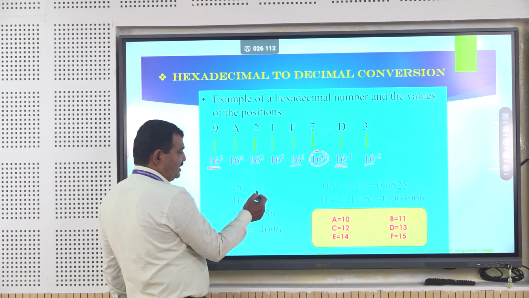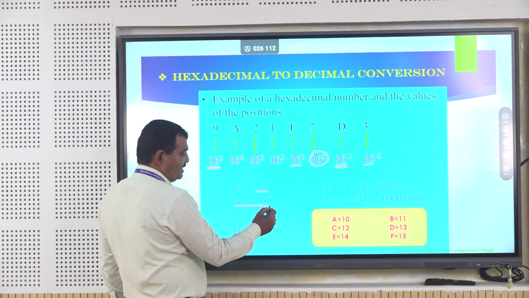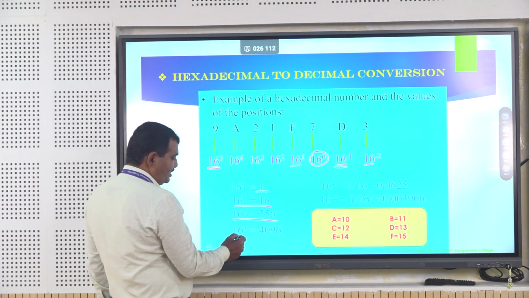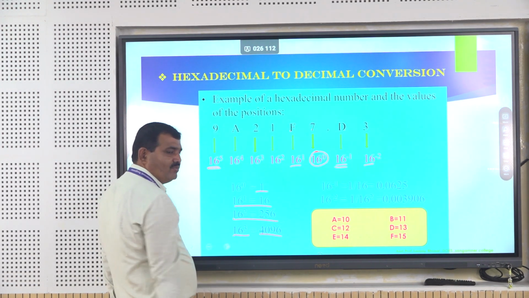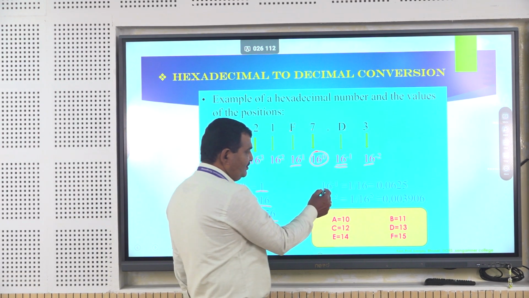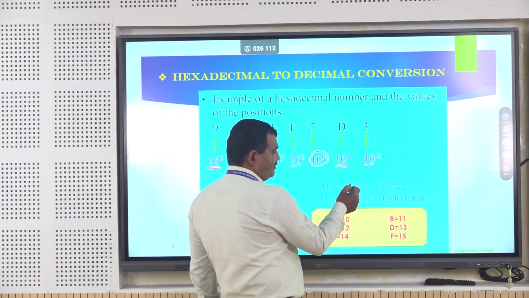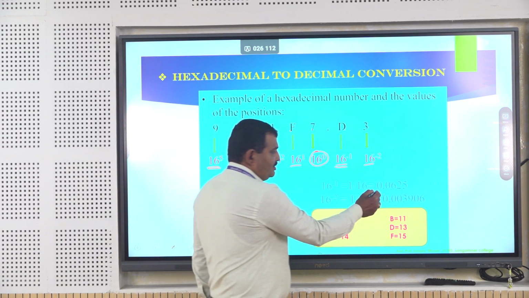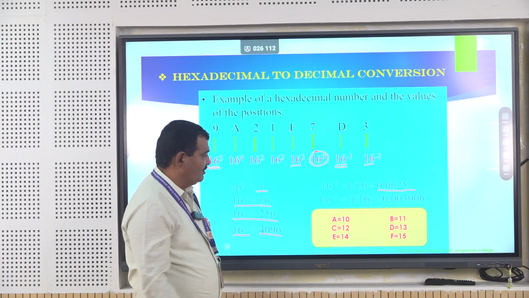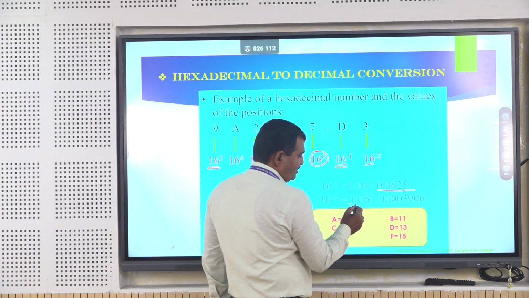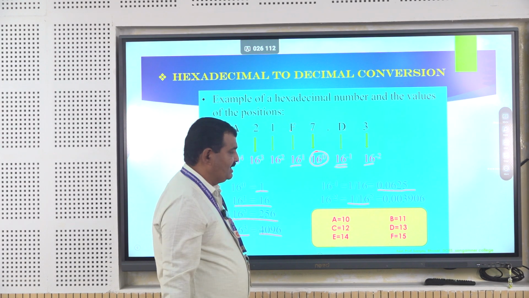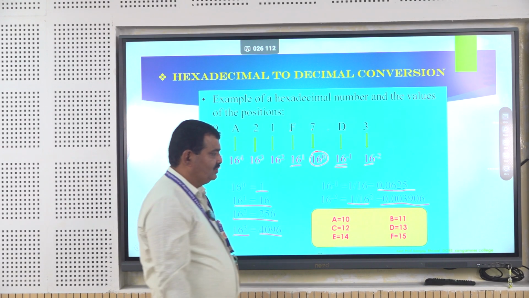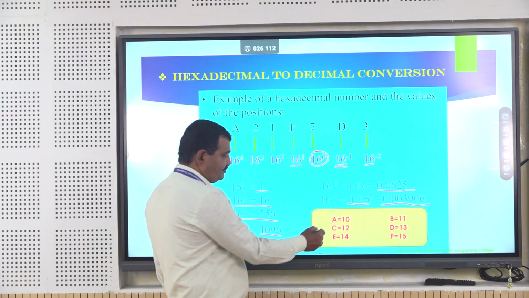So, 16 raised to 0 equals 1, 16 raised to 1 equals 16, 16 squared equals 256, 16 raised to 3 equals 4096, 16 raised to minus 1 equals 1 upon 16 equals 0.0625, and 16 raised to minus 2 equals 1 divided by 16 squared equals 0.003906.